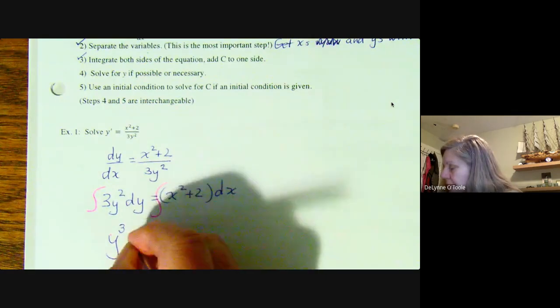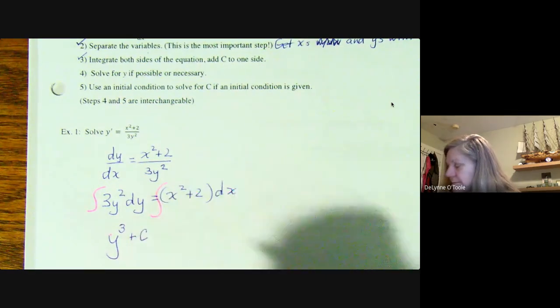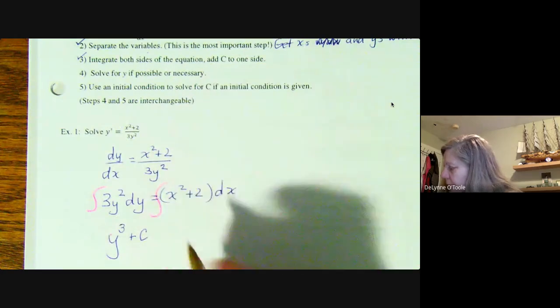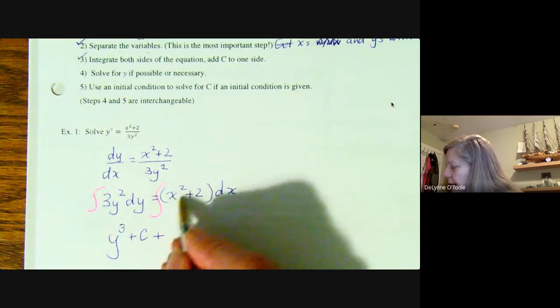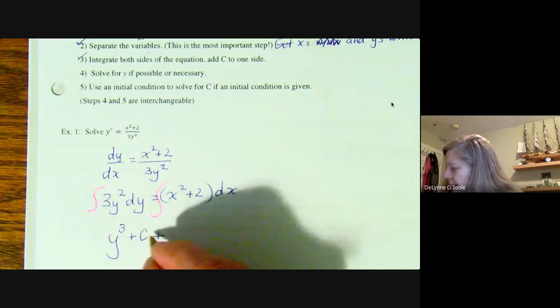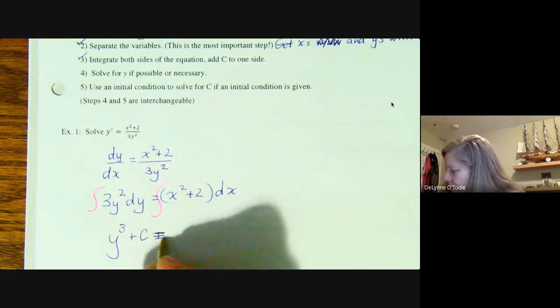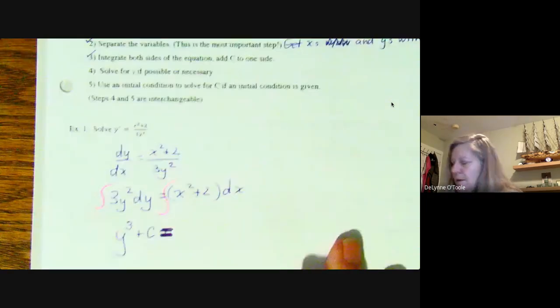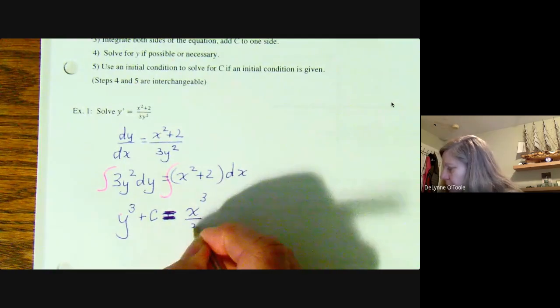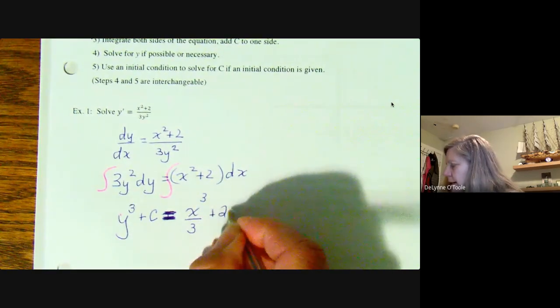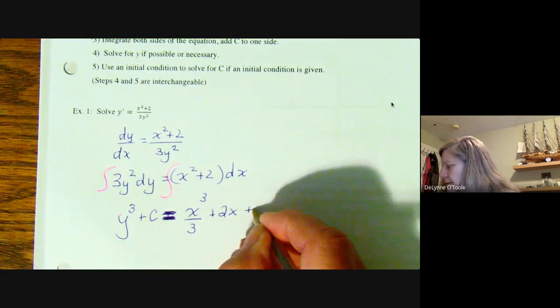Now I'm going to add a plus c on this side as well. We'll talk about the plus c thing in a minute. And then on the other side, I'm going to anti-differentiate again. So this is an equal sign, not a plus sign. Anti-differentiate, I get x to the third over 3 plus 2x, and then plus c.